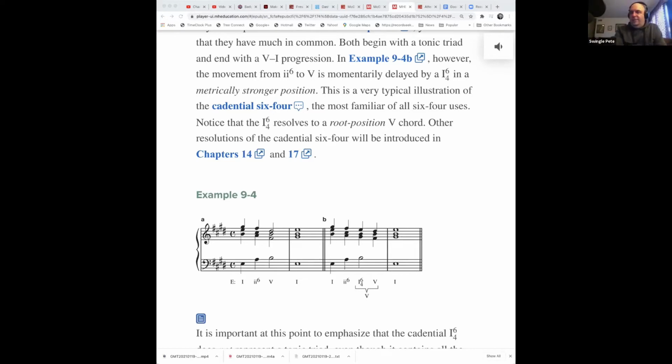And it's just decorative. Because you could take it out like it is in A, or you can decorate it up like it is in B. Its whole purpose is to go to 5 to 1.